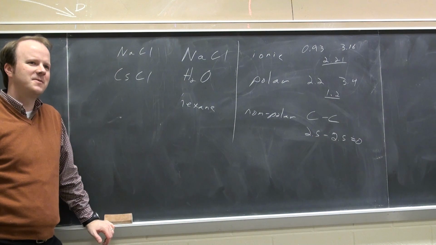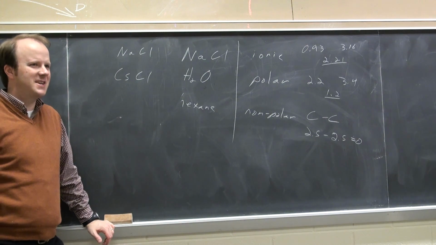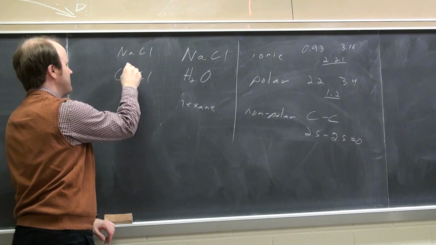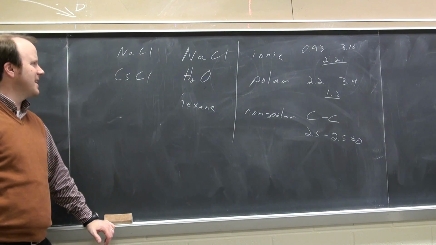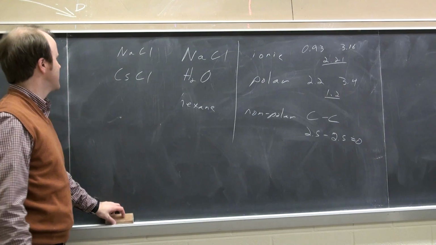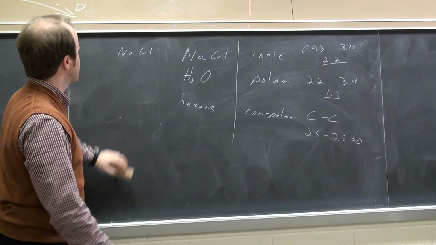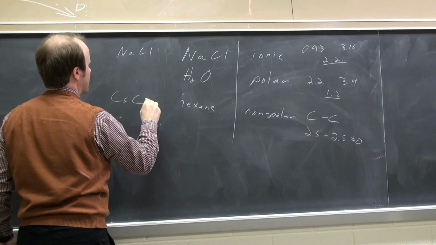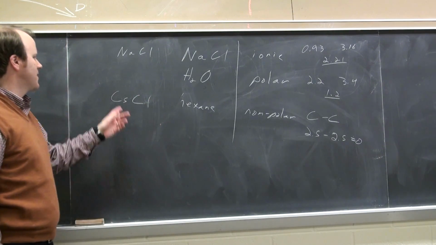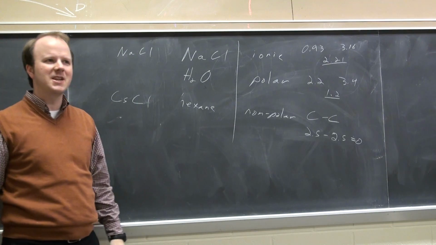How do you know? Cesium's big, right? It's got more electrons, and so the cesium is going to be bigger than the chloride. So say, well, this is difficult, but say that sodium chloride and cesium chloride, or sodium and cesium, have the same electronegativity.